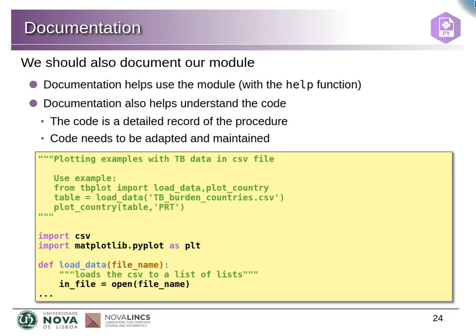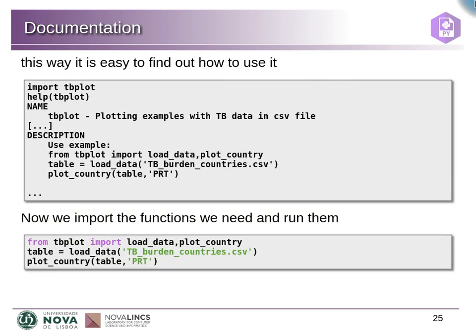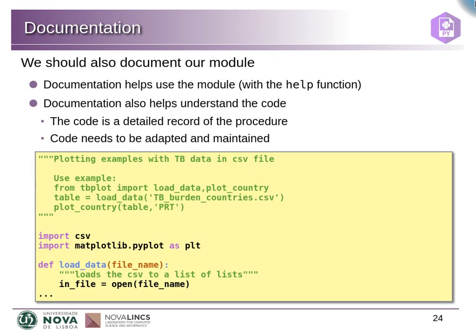The reason for this is that you can also use help on the module. Help works on any object that has this kind of documentation. So if we import the tuberculosis plot module that we wrote and then use help there, we see what the name of the module is, and then we have this header and the description that we have here, which appears when we do help.